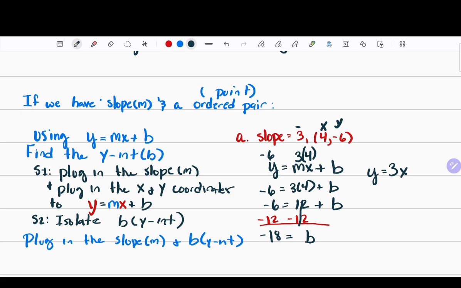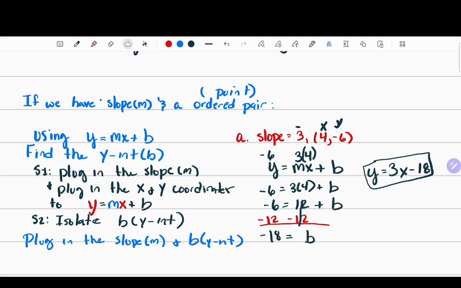So you just say y equals 3x minus 18. That is the equation of the line that has a slope of 3 and passes through point 4, -6.